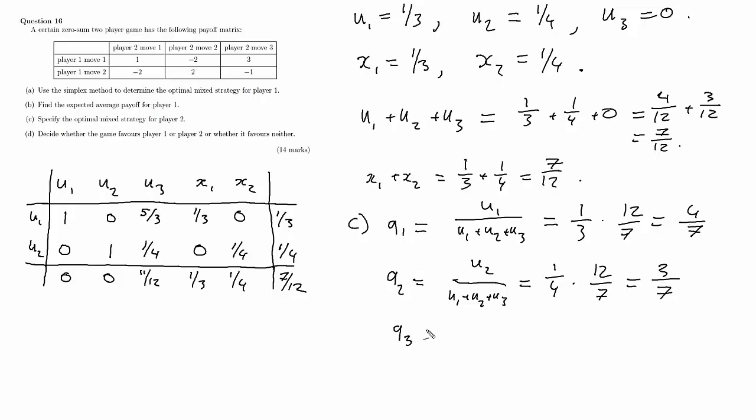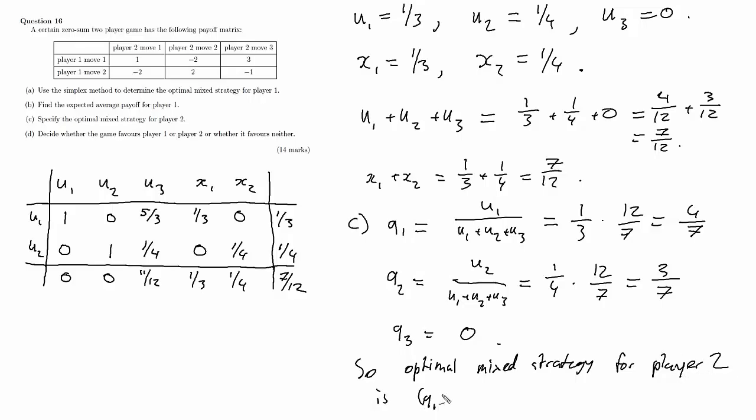And move 3 is 0 because u3 is equal to 0. So the optimal strategy for player 2 is Q1, Q2, Q3 given by 4/7, 3/7, and 0.